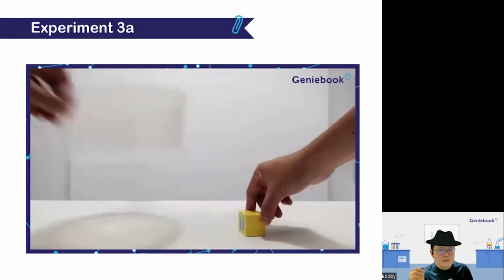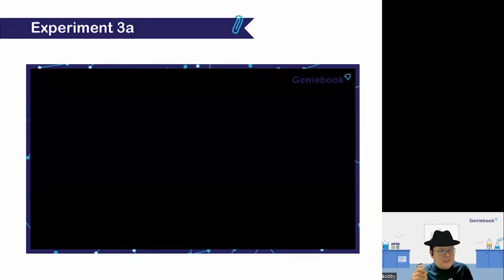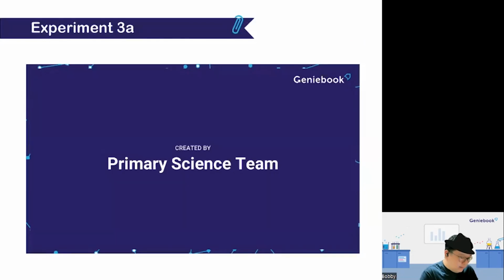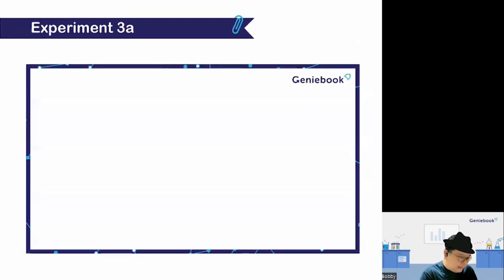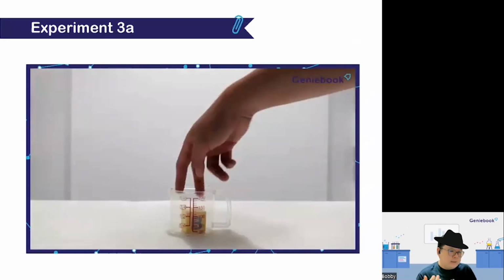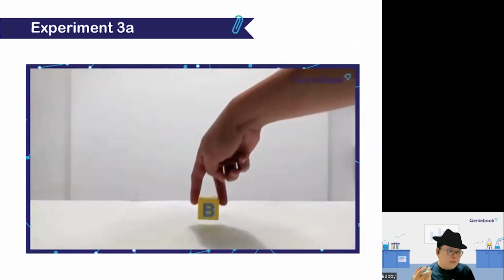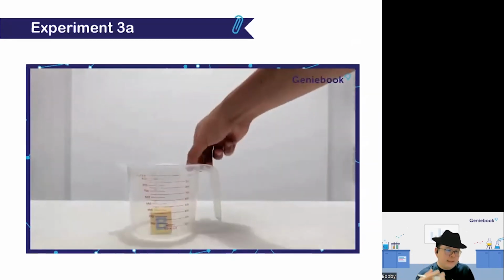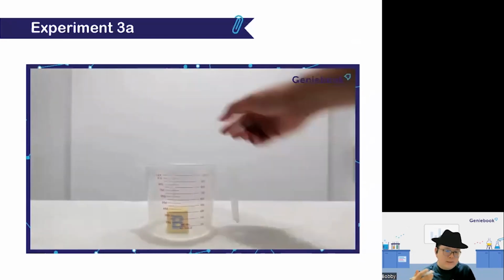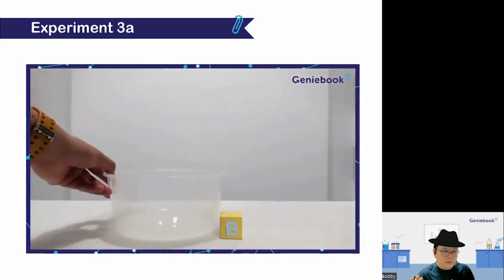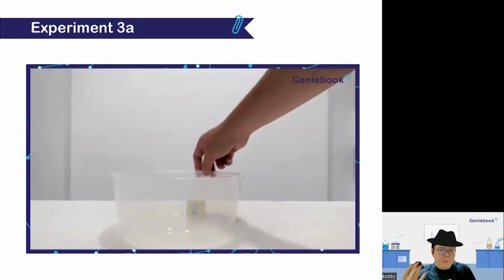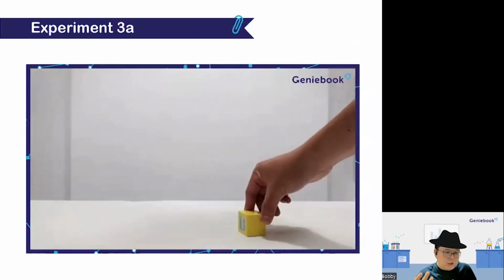This hand belongs to a male teacher. As this hand shifts the cube from one container to another, it looks exactly the same. Even though the container became bigger, the shape did not change.